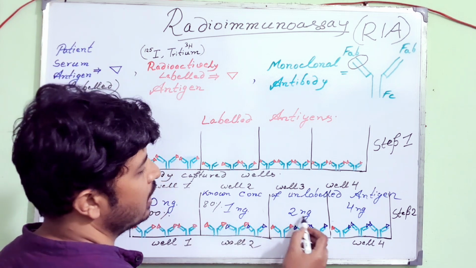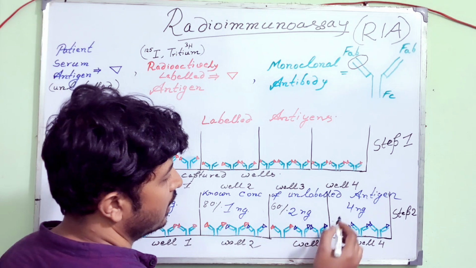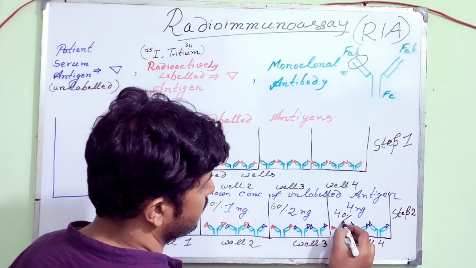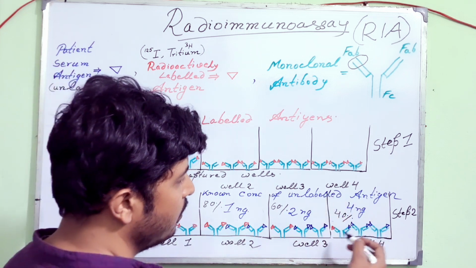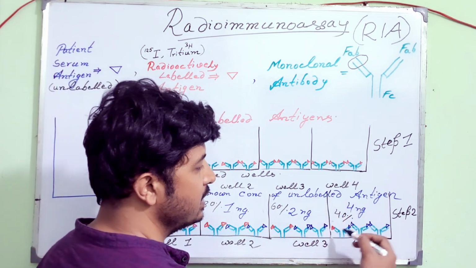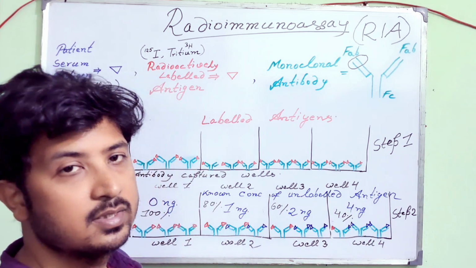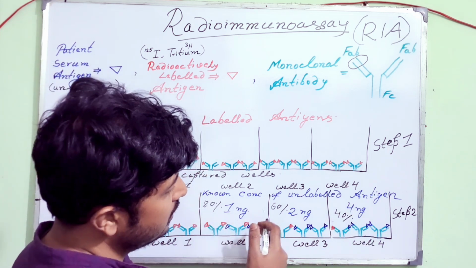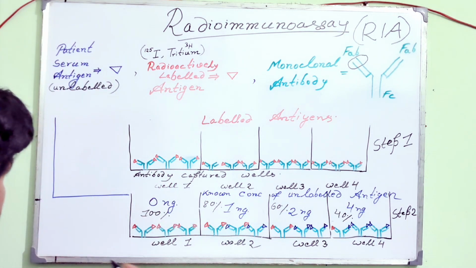Now when you have 2 nanogram of unlabeled antigens, radioactivity reduced to 60%. And here you say 40% reduction of radioactivity, because the radioactive antigen is leaving due to the addition of unlabeled antigens at different concentration. Here I have drawn in increasing concentrations.